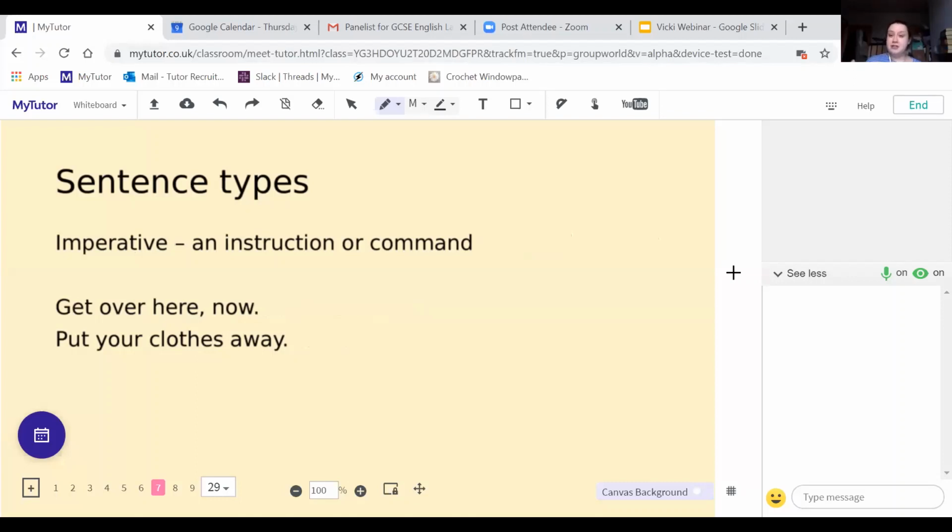So if I was going to talk about one of these, I would definitely choose imperatives. In terms of exclamatives and interrogatives, I might throw them in for bonus terminology if they were already in a quotation that I'd picked out. Declarative, I wouldn't mention at all in this scenario because you don't really get anything out of it.